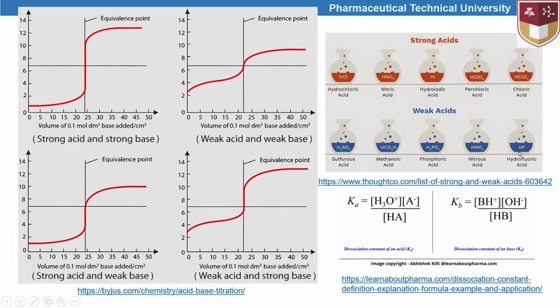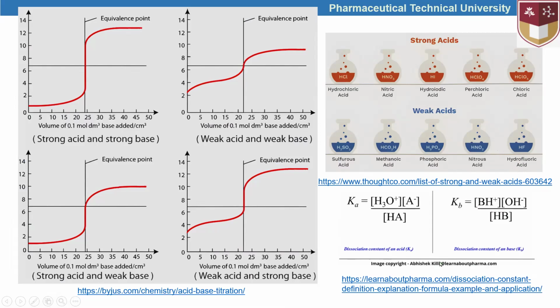The reason is the electronegativity level of fluorine is higher compared to water. So the strength of water to ionize hydrofluoric acid is not very high because of the higher electronegativity level of fluorine. So this is the information we need to take into consideration.